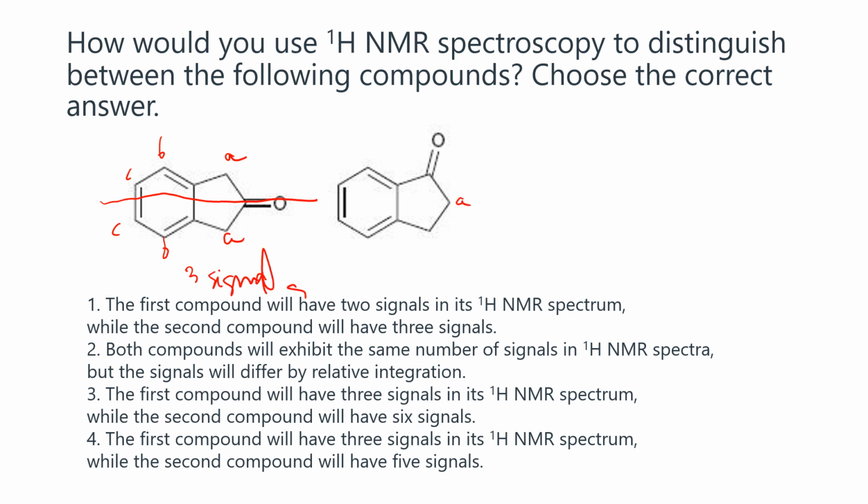Here you have A, B, and everything is different. A, B, C, D, E, F. So the answer to that, I should have one that says 3 signals in the first. Where is that? 3 signals and 6, so that's that.